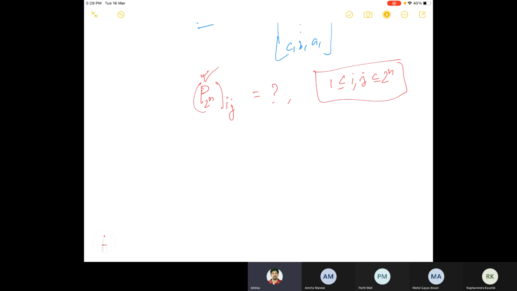Let me define what the matrix should be here, and then we can see why. I will define this matrix in terms of swap gates.